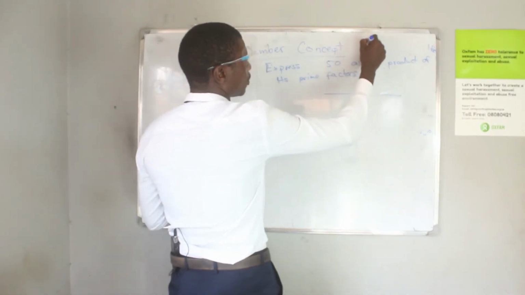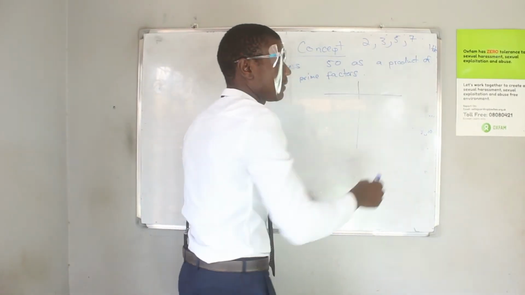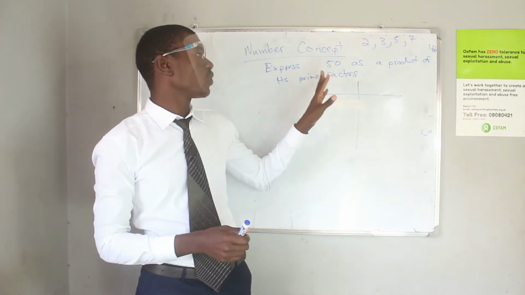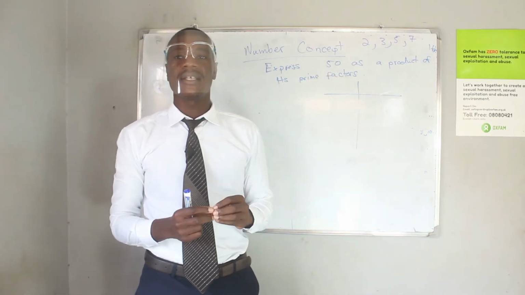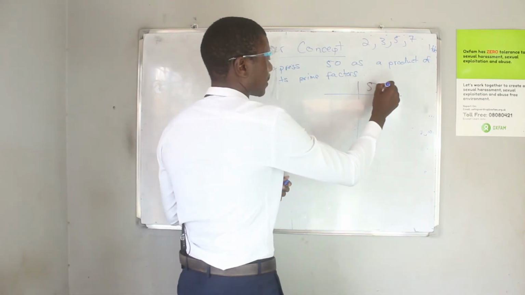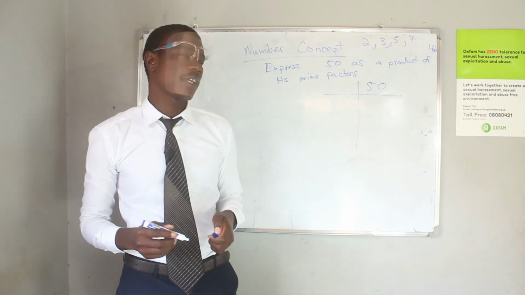So we use the 2, 3, 5, 7 concept. The reason why we use the 2, 3, 5, 7 concept is because 2, 3, 5, and 7 are the first 4 prime numbers. So of these numbers, which prime number is divided into 50 without leaving a remainder?